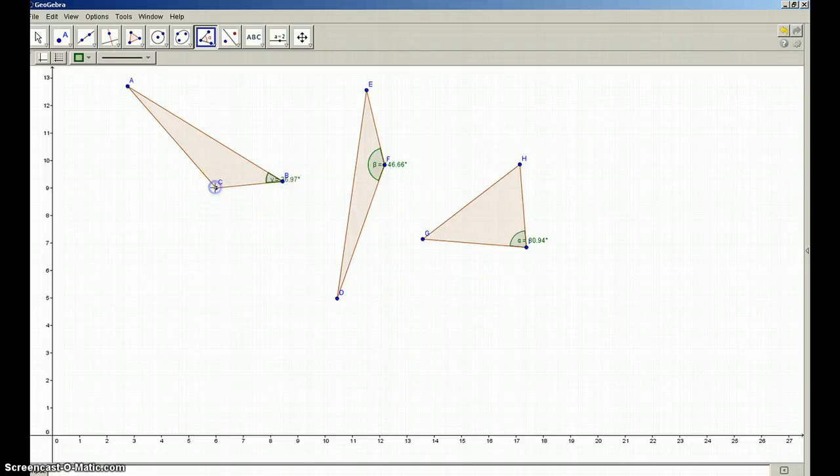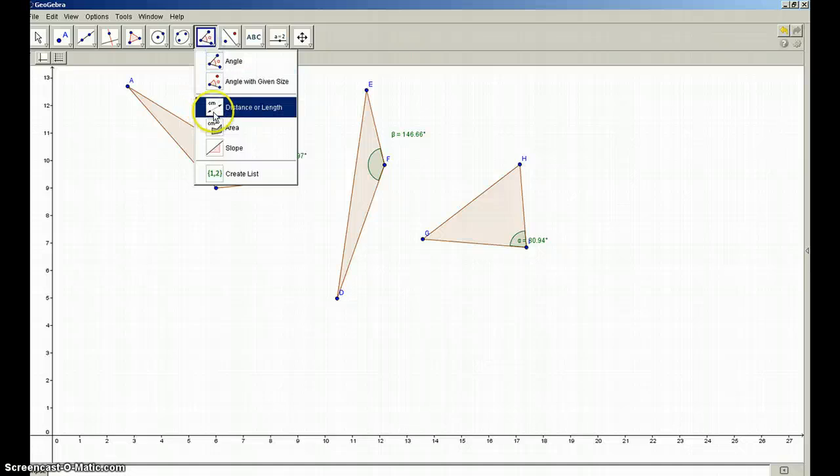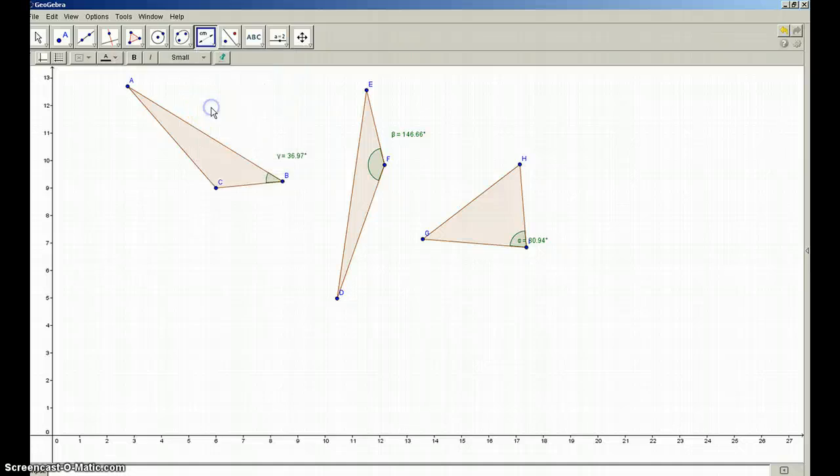Okay. Now, we don't know the height of any of these triangles, or the altitude. But we have to know at least two of the sides, two of the adjacent sides. So now we're going to go ahead and measure those sides. So let's get a length over here, distance or length, and we'll touch that side, and we'll touch this side.